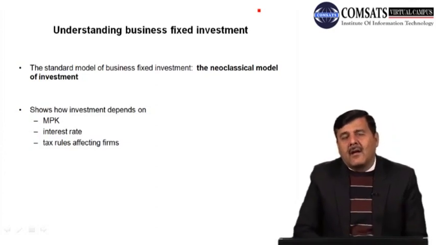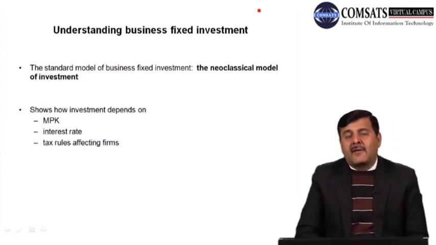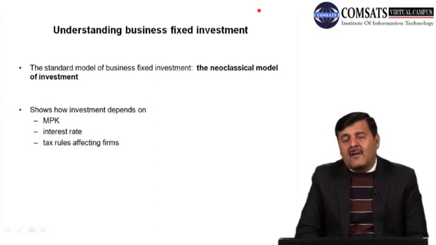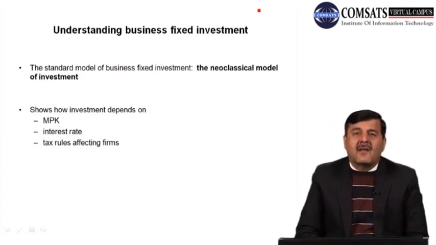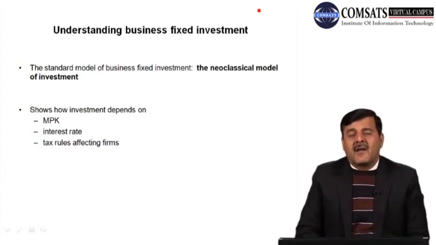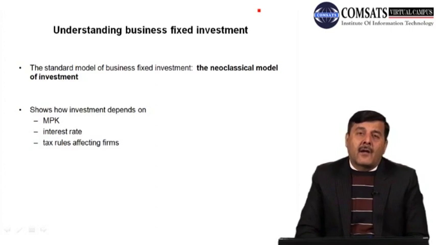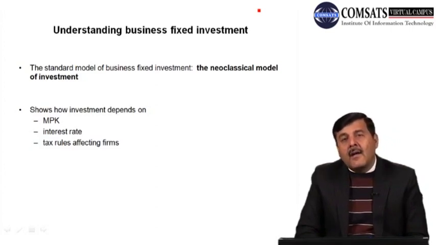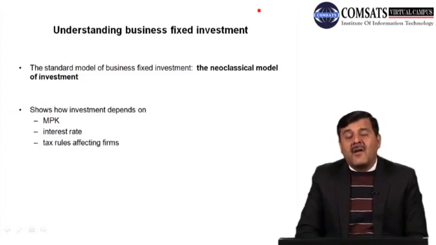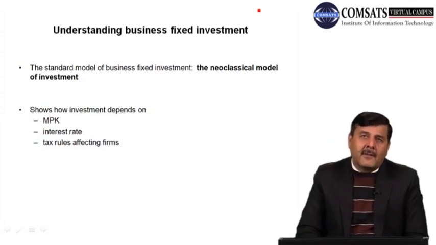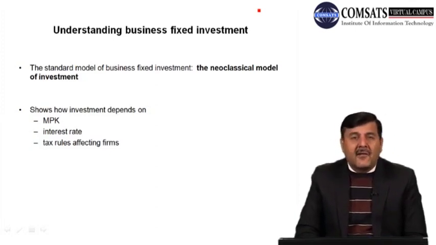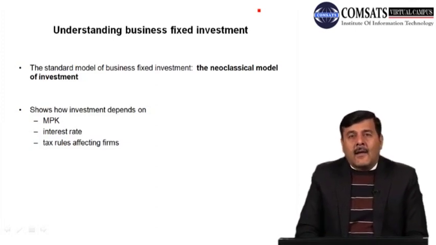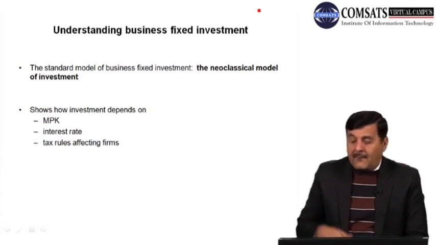So if the government introduces tax laws and rules that are in favor of investment decisions or in favor of firms, then of course investment will be stimulated and will increase. But if tax laws or rules introduced by the government discourage investing firms, then investment will go down. So we can conclude that investment depends, number one, on the marginal productivity of capital; number two, on the interest rate; and number three, on the tax laws affecting firms' decisions.